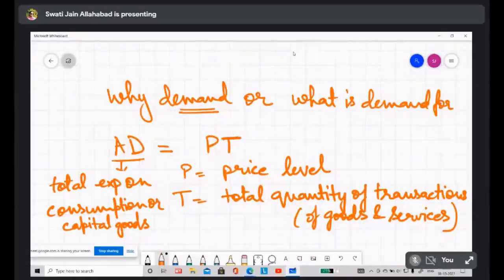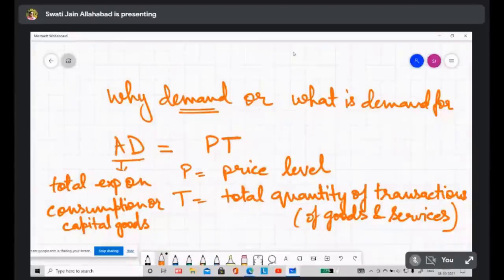So again, the only activity which is taking place in the economy is consumption of goods and services, whether it is of consumption nature or of capital nature, both. So that is how you say that leakages and injections are always equal to each other.